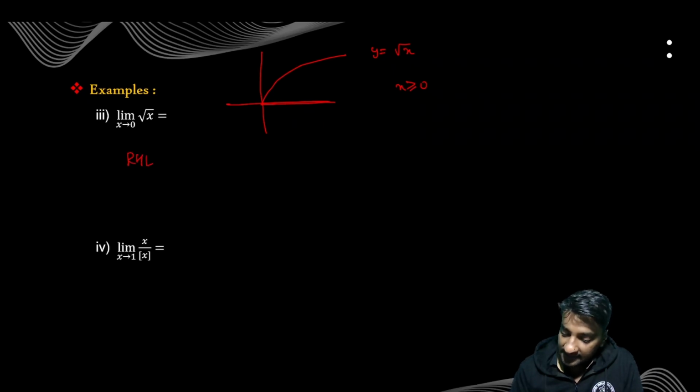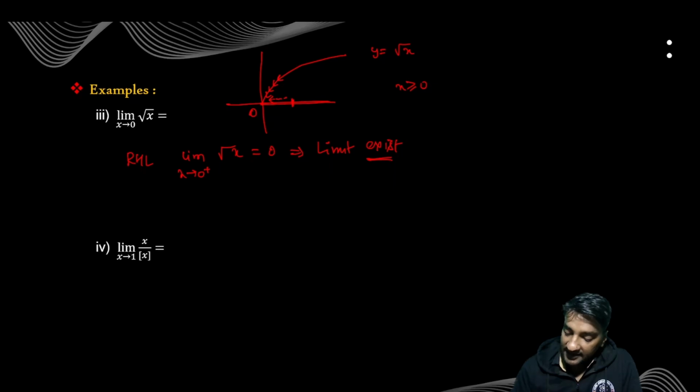So the right hand limit is limit x tends to 0 plus root x. Since this is 0, when we start from this position and move towards 0, the function is approaching the value at 0 only. Therefore, the RHL is 0. And since it is finite, we say that the limit exists, right?